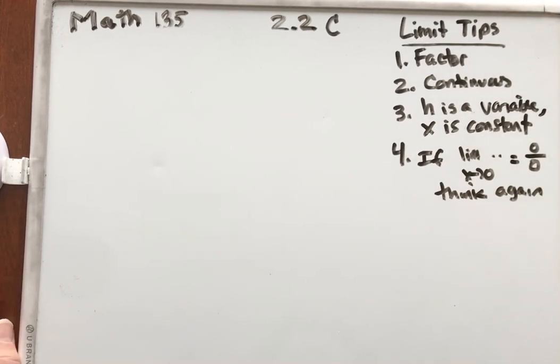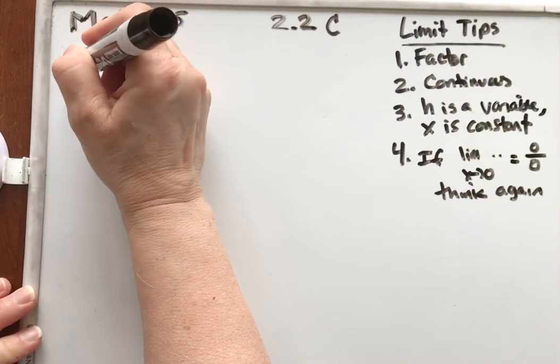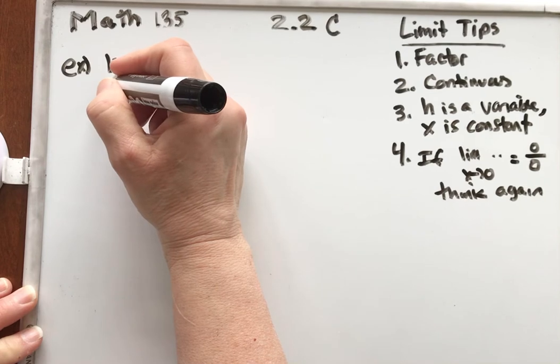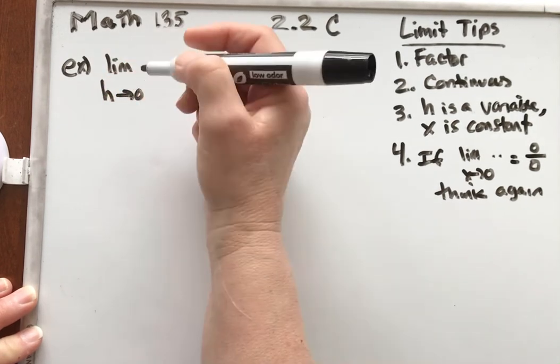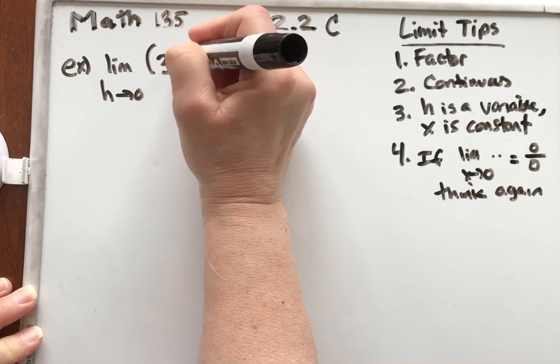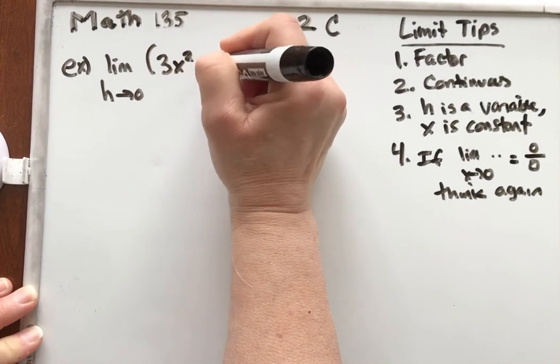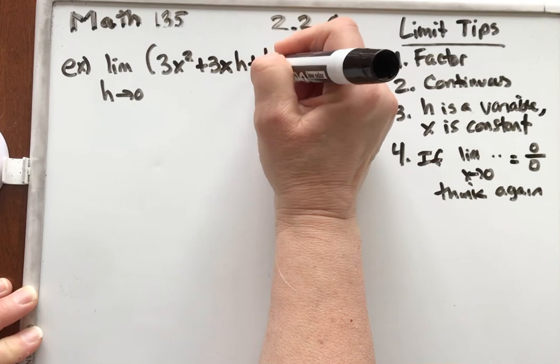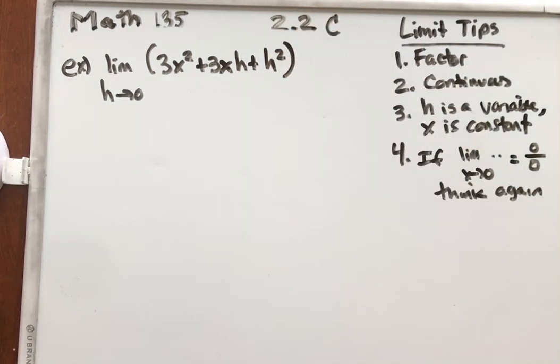Okay? So let's do some random problems, see how you do. I'm going to give you, I think, 4 different ones. So here's an example. We have the limit as h approaches 0 of 3x squared plus 3x h plus h squared.